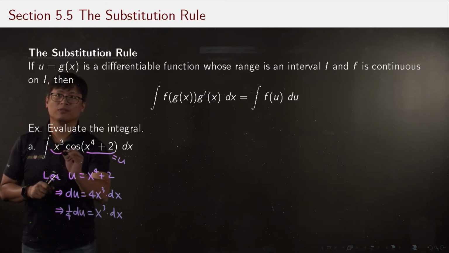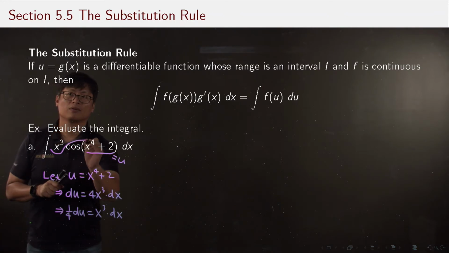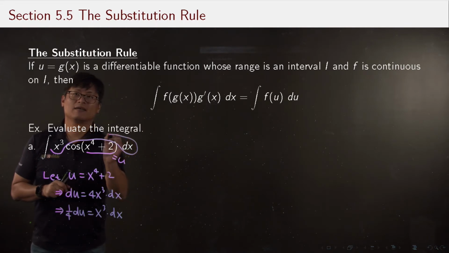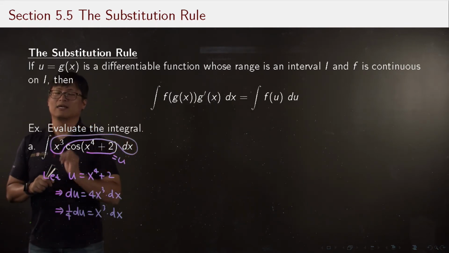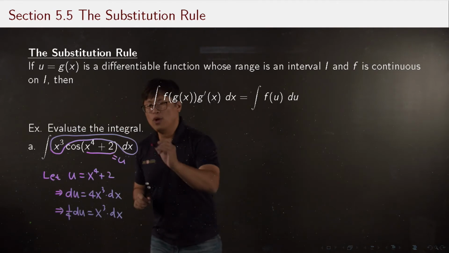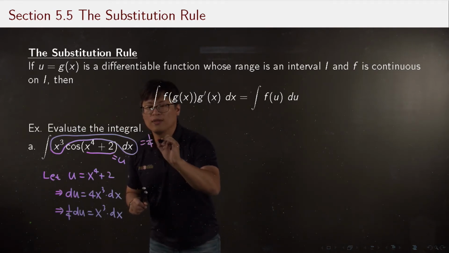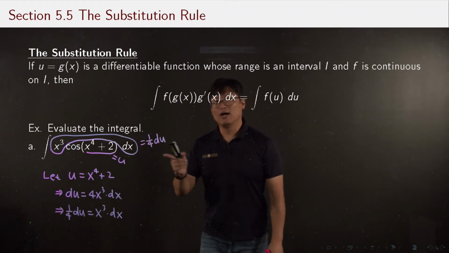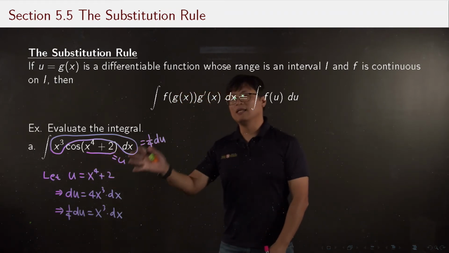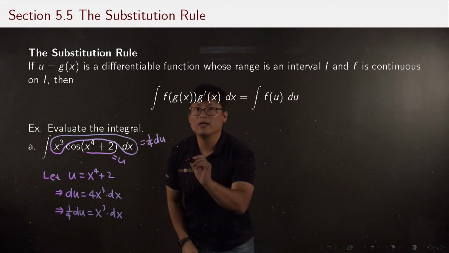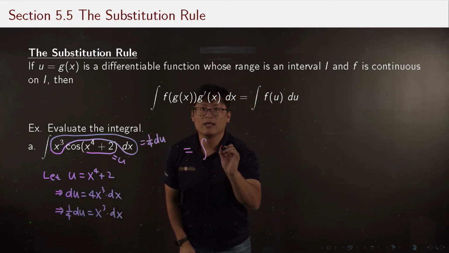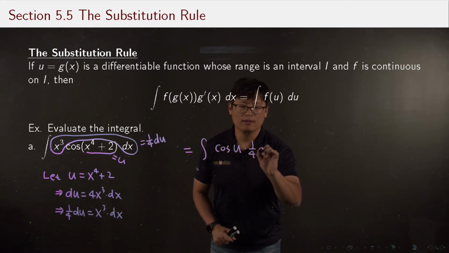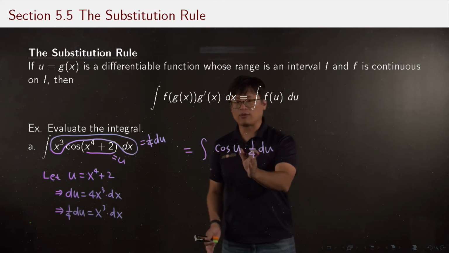X cubed and dx, that guy will be replaced by 1/4 du. Simple puzzle, right? Now let me rewrite this indefinite integral in terms of u. That is equal to the integral of cosine u and 1/4 du. Nothing else, right? Let me write 1/4 in front of the integral.